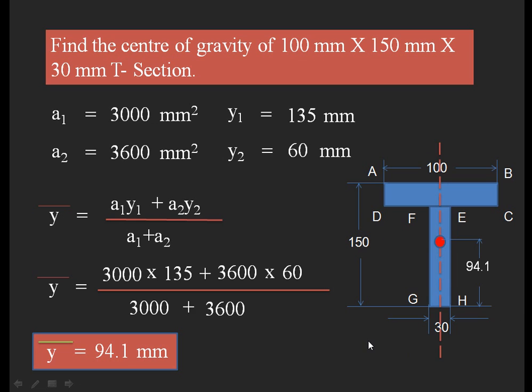This is a way of finding the center of gravity of a given plane figure by using the area method, which is similar to the centroid method. I hope you understand how to find the center of gravity of a given plane figure by the simplest method, the area method. So that's it.